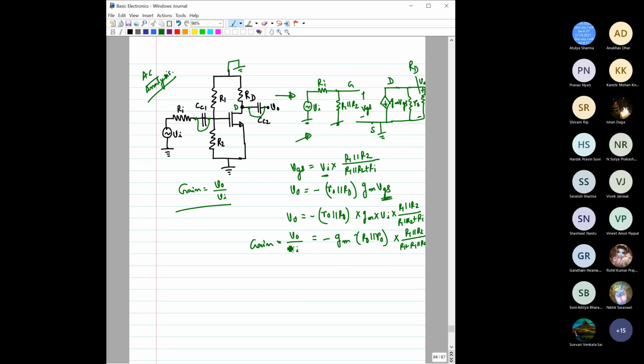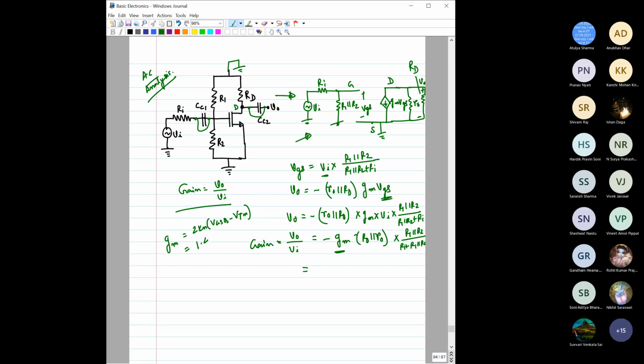Now what is gm? We can easily find gm from this expression, 2kn (VGSQ minus VTN). The other expression uses the current I. You can use either of these two to find gm.